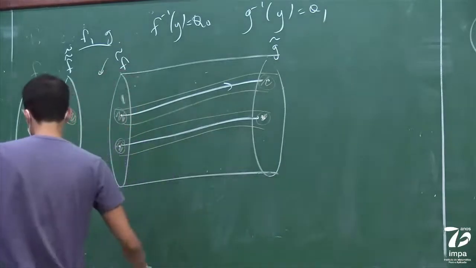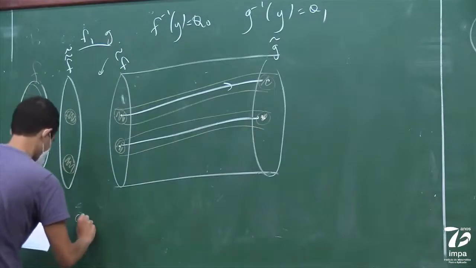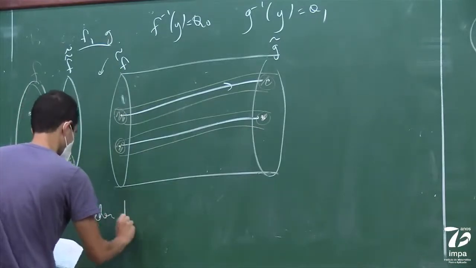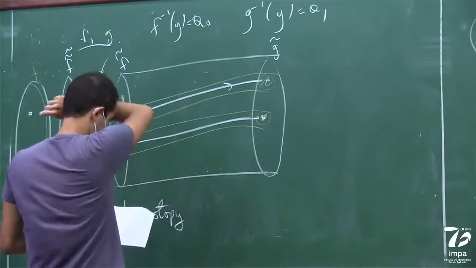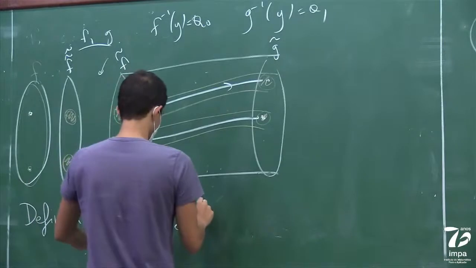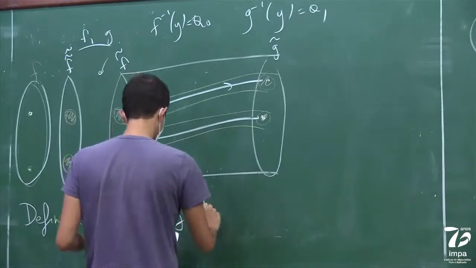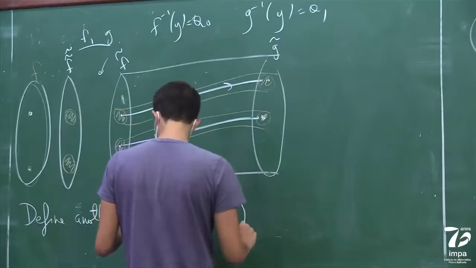So finally, we can define another homotopy. Let me call this HT, defined like this.